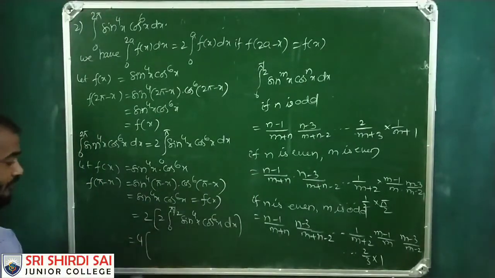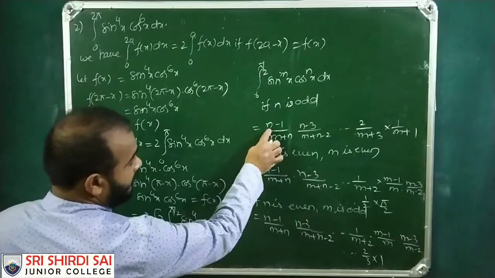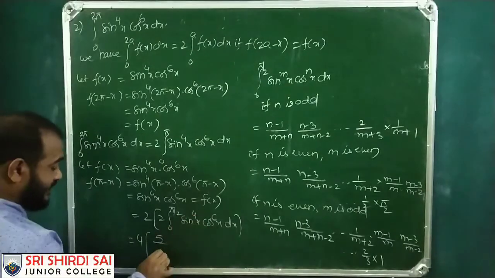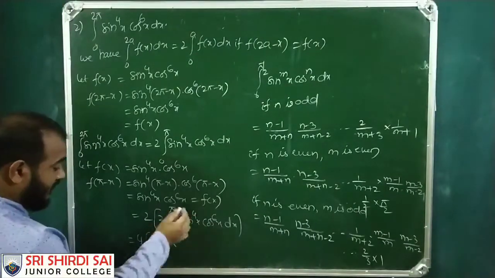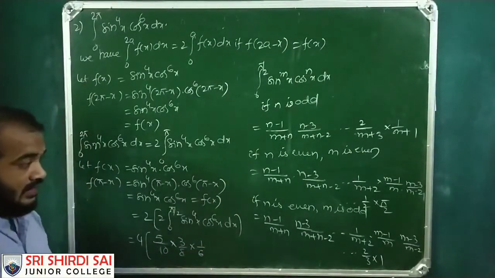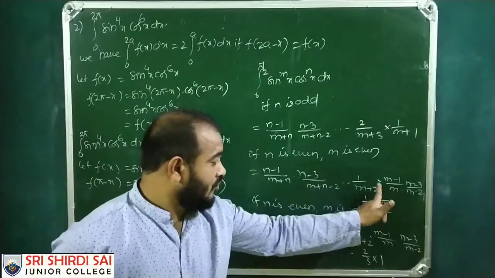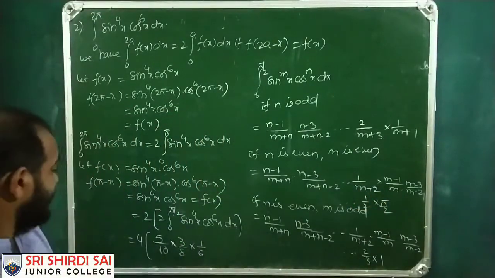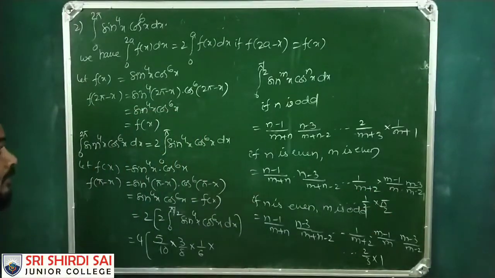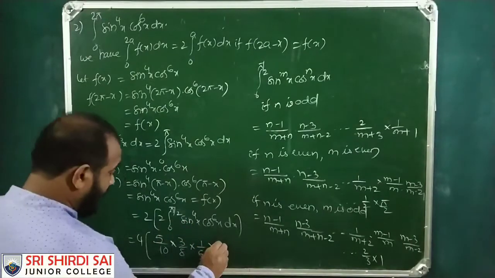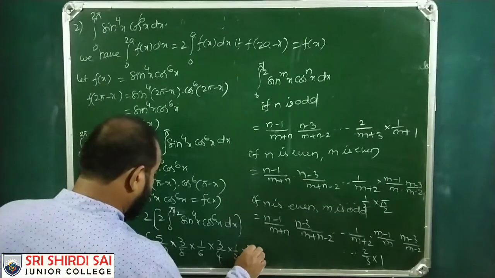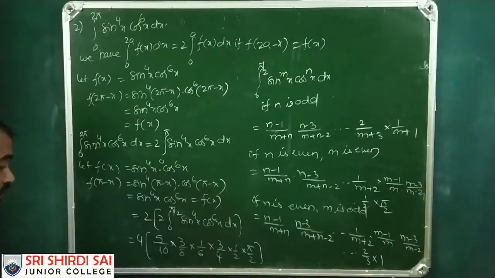So 2 into 6 minus 1, sorry, not this, 6 minus 1, 5 by 4 plus 6, 10 into, further reduction is possible 3 by 8, further reduction is possible 1 by 6, and let us see whether we got to this or not. 1 by m plus 2, m is 4 plus 2 is 6 into m minus 1, second part, m minus 1 is, m is 4 minus 1, 3 by 4 into 1 by 2 into pi by 2. So the simplification of this will give the answer.